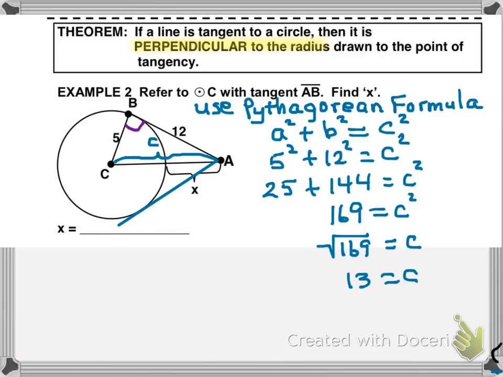But 13 is the entire length of CA. We just need the length of X. But a portion of CA is a radius of 5. So we will find X by subtracting 5 from 13, so X is equal to 8.